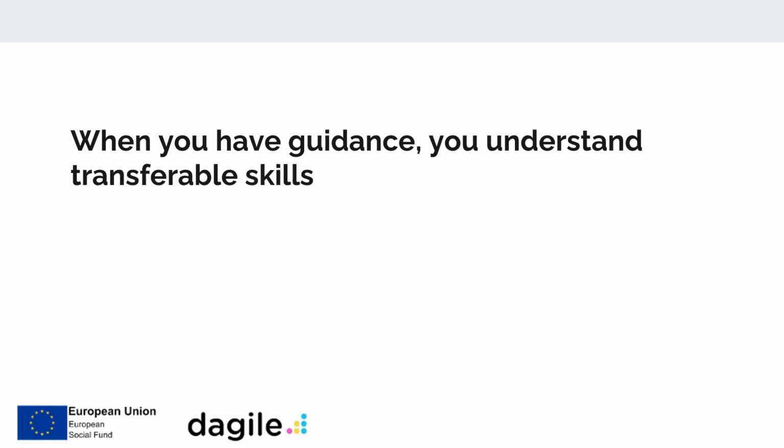The thing is, when you have enough guidance, you can understand what a transferable skill is. A skill that you have in one area of work, in one context, that you can apply elsewhere. That's the amazing part of doing a Dagile London course, is that you have contact with the lecturer who can give you that guidance to make sure that you're getting the most out of your experience.